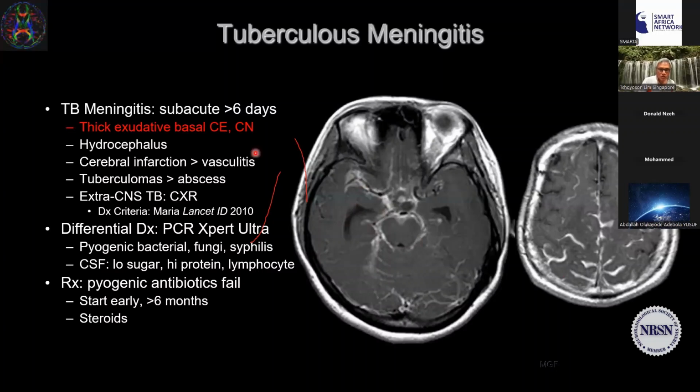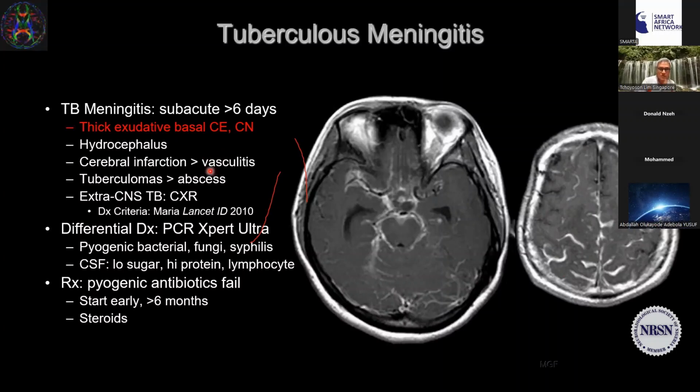We should look for contrast enhancement of the cranial nerves, as well as other parts of the meninges, such as thick exudative meningitis in the vertex. Apart from hydrocephalus, the other complications of TB meningitis include infarction and vasculitis.